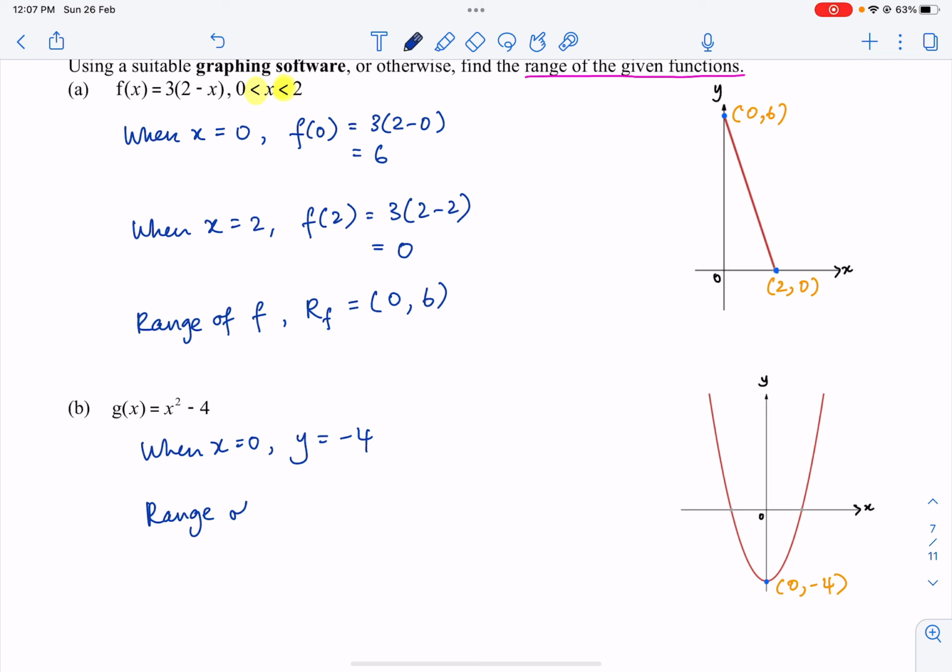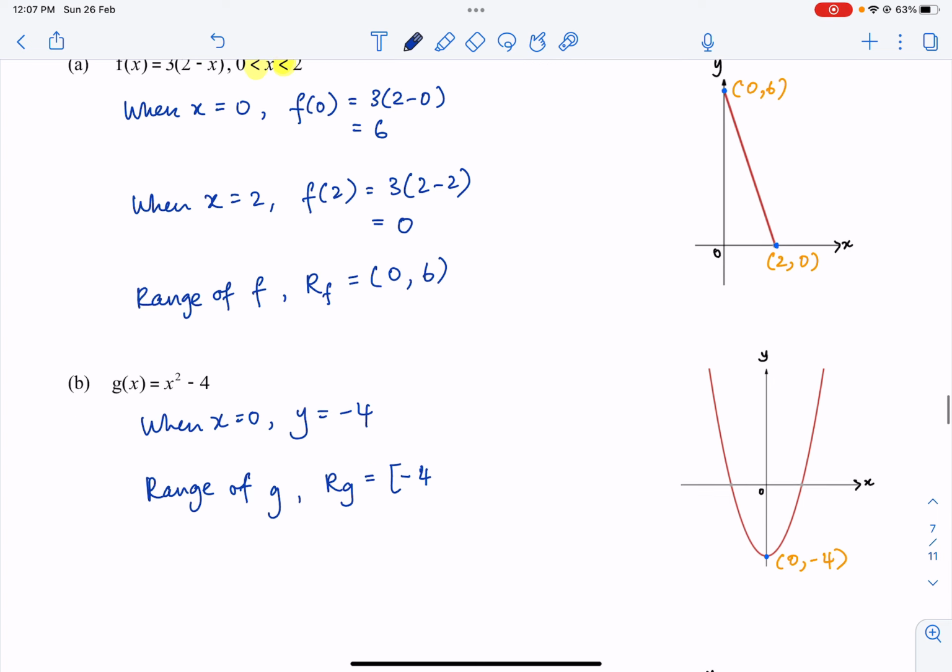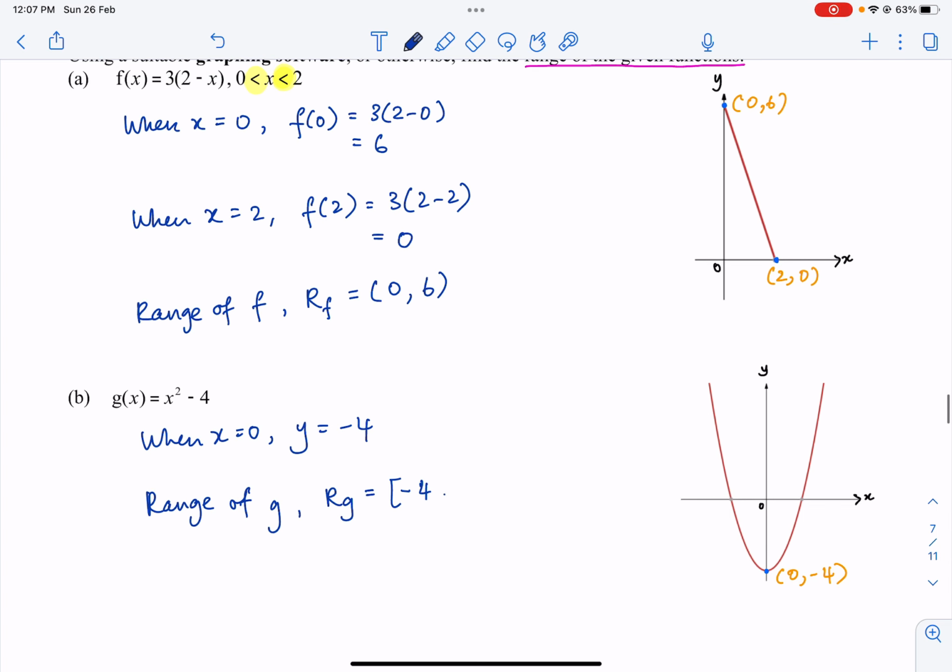So the range of g is given as the minimum value of y, which is -4, to positive infinity.